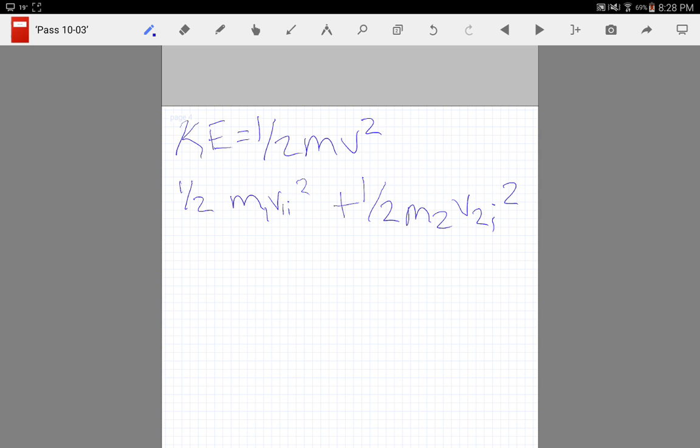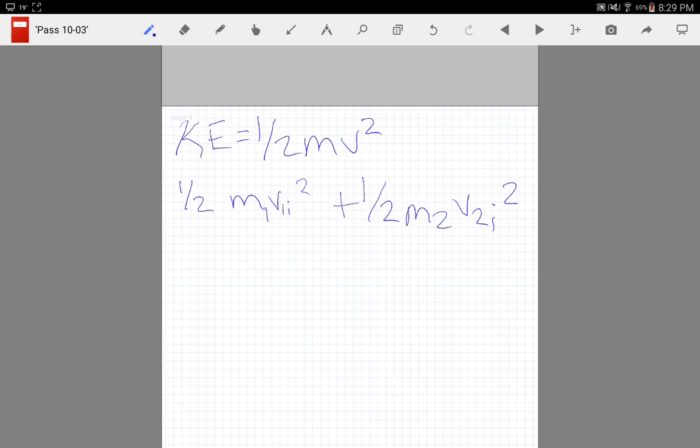I'm confused as to how we just add them together and they equal it. Like the one half mass velocity squared of the first car plus the second car equals the kinetic energy as a whole?